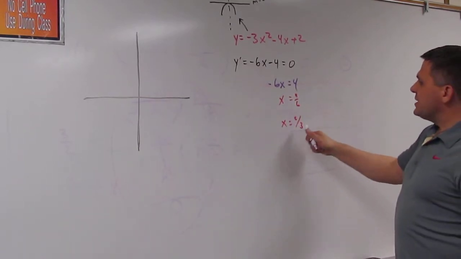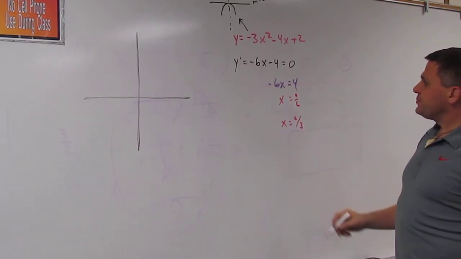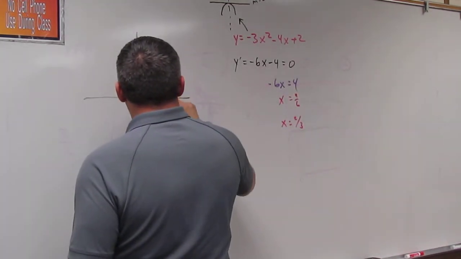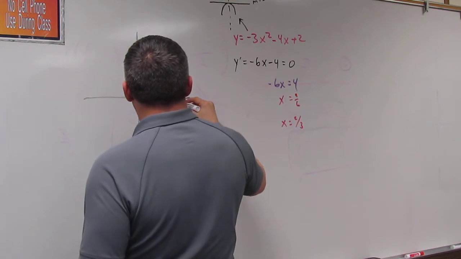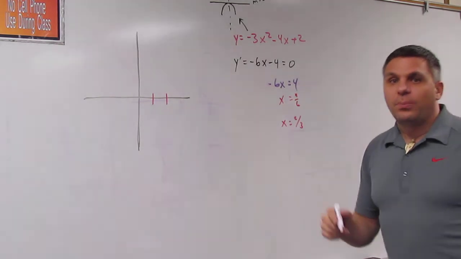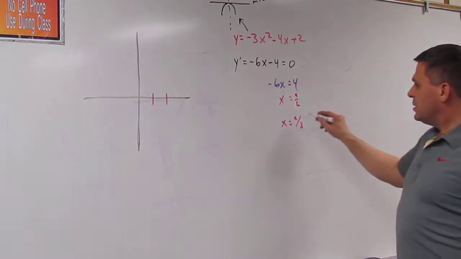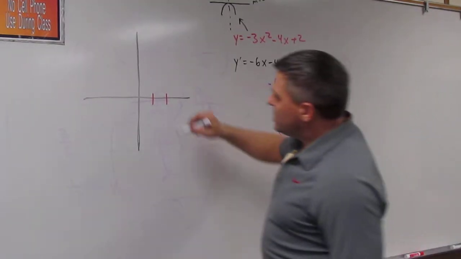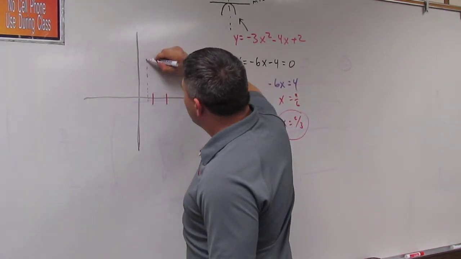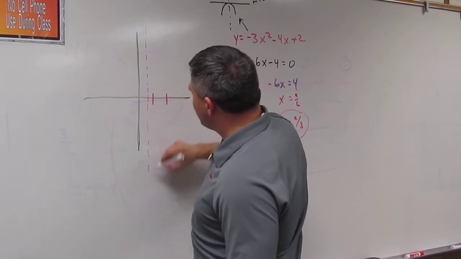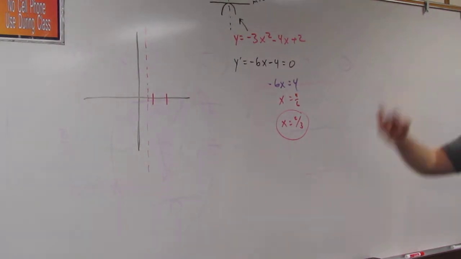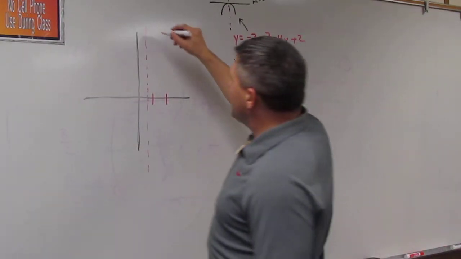So when x is equal to 2/3, that is your line of symmetry. So at 2/3, let's say it's about right here. If this is 1, does that make sense? Then x is going to be at 2/3. And so this is your line of symmetry.